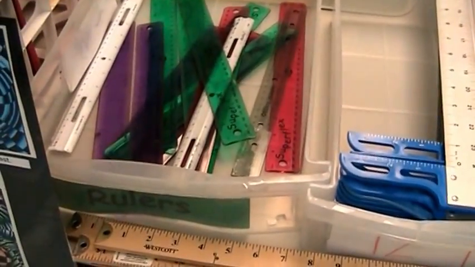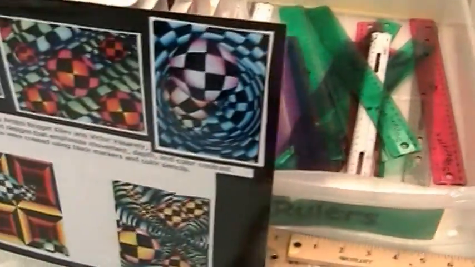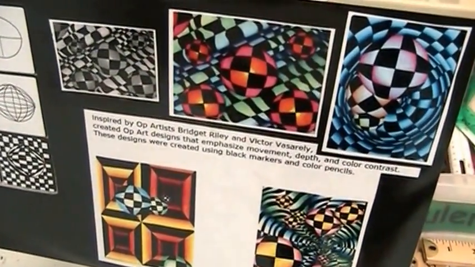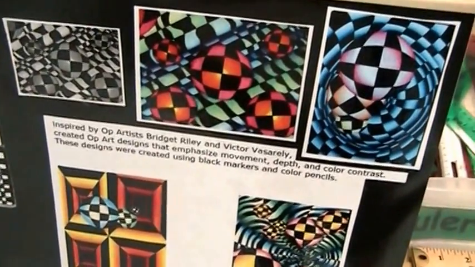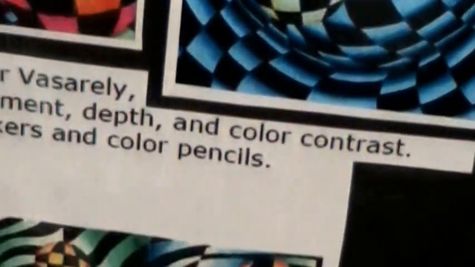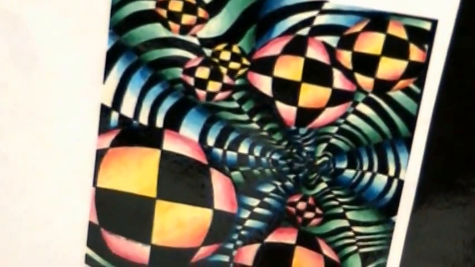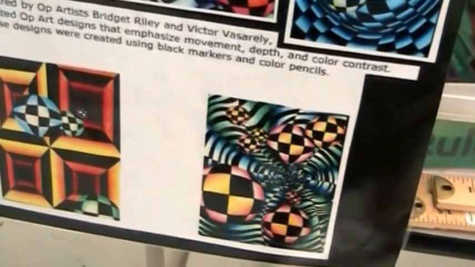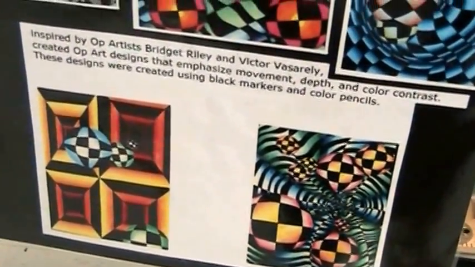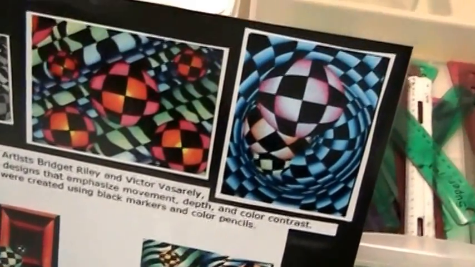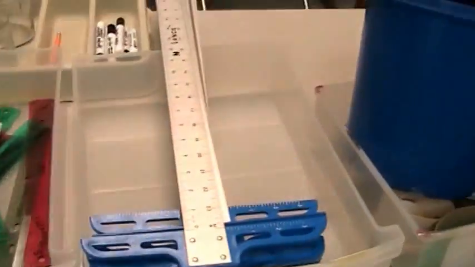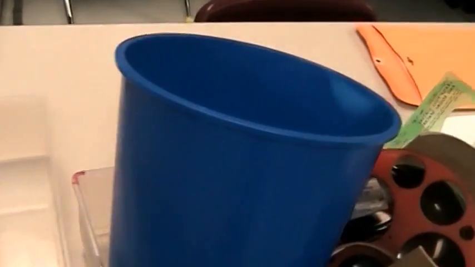And then of course we have rulers. We have another example of what we're doing. These are already in color. And again, we need to elevate what some of you might have attempted when you were in middle school, perhaps. So we're elevating this to our high school level, and I'm looking forward to seeing what you can come up with.